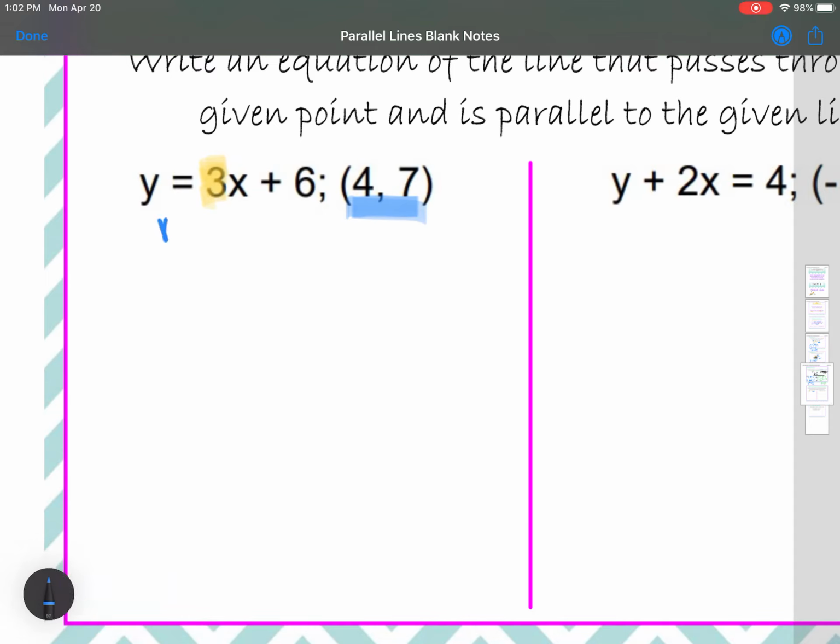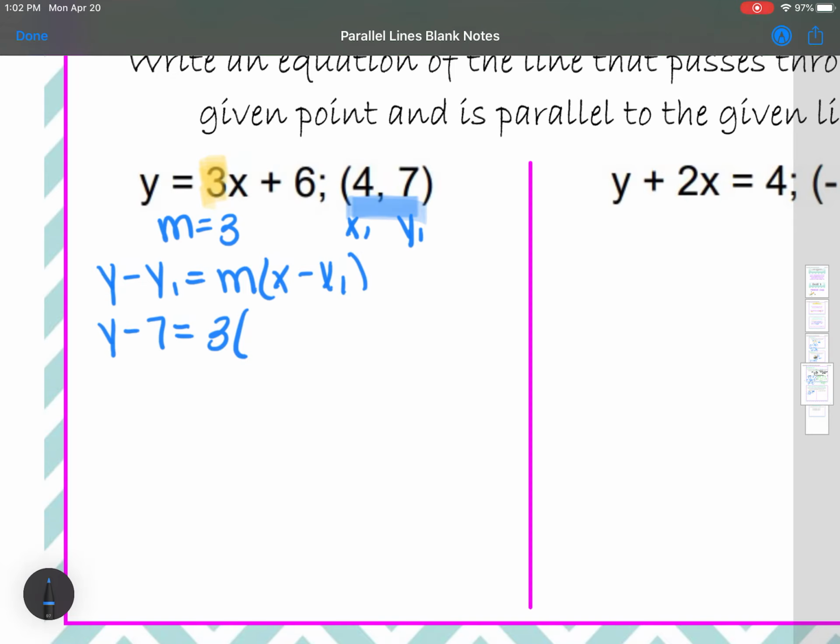So I have m equals 3, and I have x1, y1. I'm going to plug this all into my point slope formula. Y minus y1 equals m times x minus x1. So y minus 7 equals 3 times x minus 4.